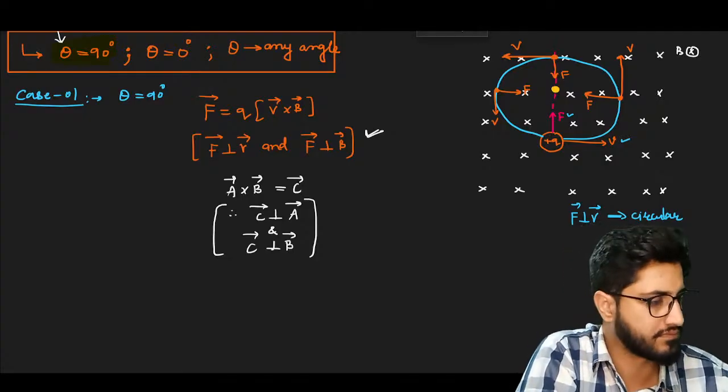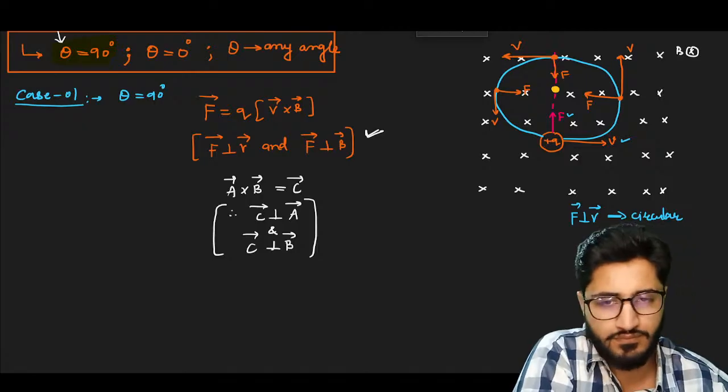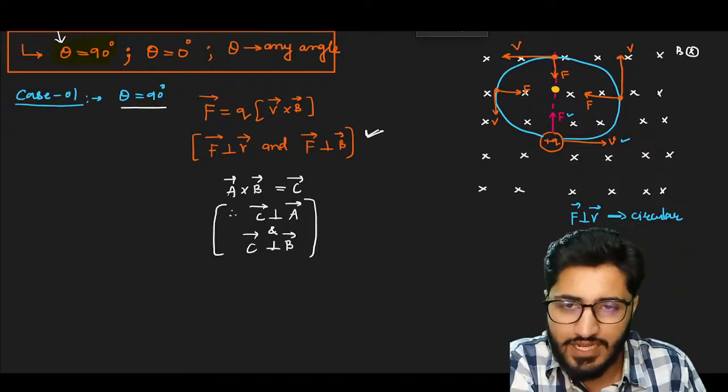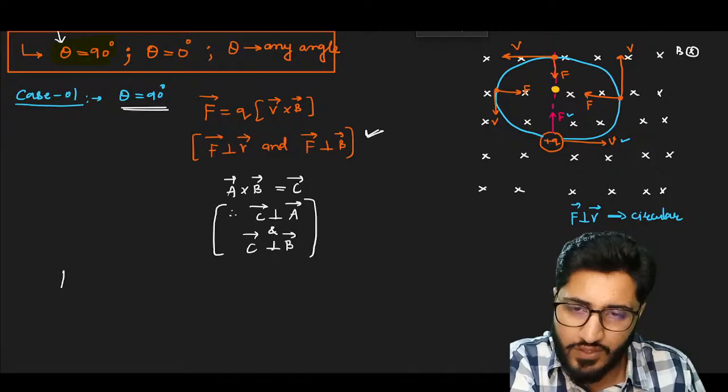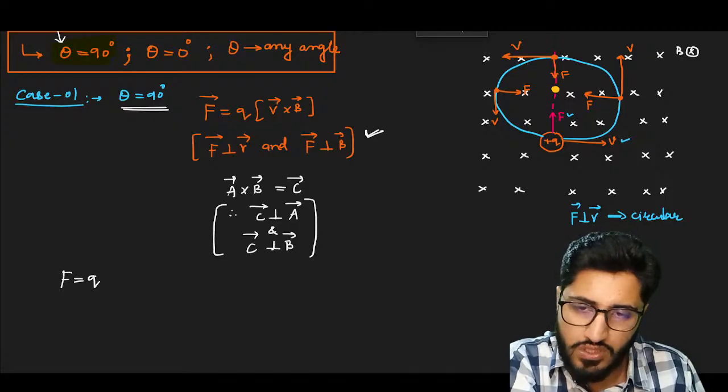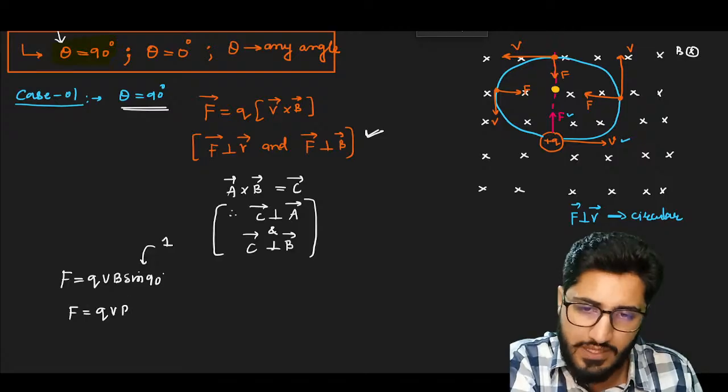Done? Now, theta is 90 degrees. So one thing that we know, F equals to QVB sine 90 degree. And we know that sine 90 is 1. So I can write F equals to QVB.